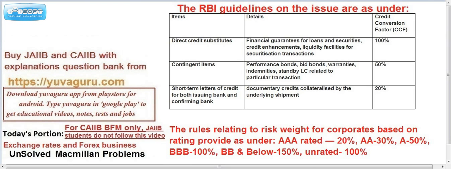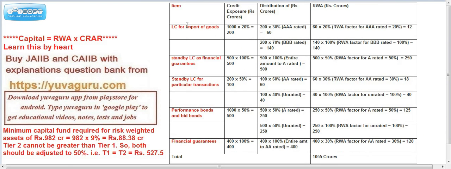Let's solve the problem. If you check the first slide, you will see these items are given in the question: LC for import of goods, standby LC for financial guarantees, standby LC for particular transactions, performance and financial guarantees. Now we will have to solve it in two parts. Here, credit exposure 1000 crores is the total amount given in the question. Now CCF factor for LC for imports is 20%, this third row in our earlier slide.